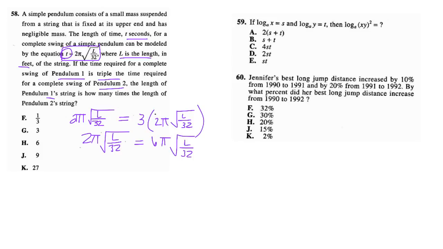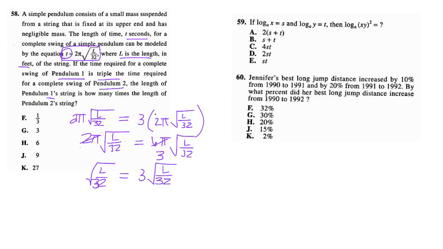And these 2 pi's, I would cancel that out, leaving 3. So I have the square root of L over 32 equals 3 times the square root of L over 32.